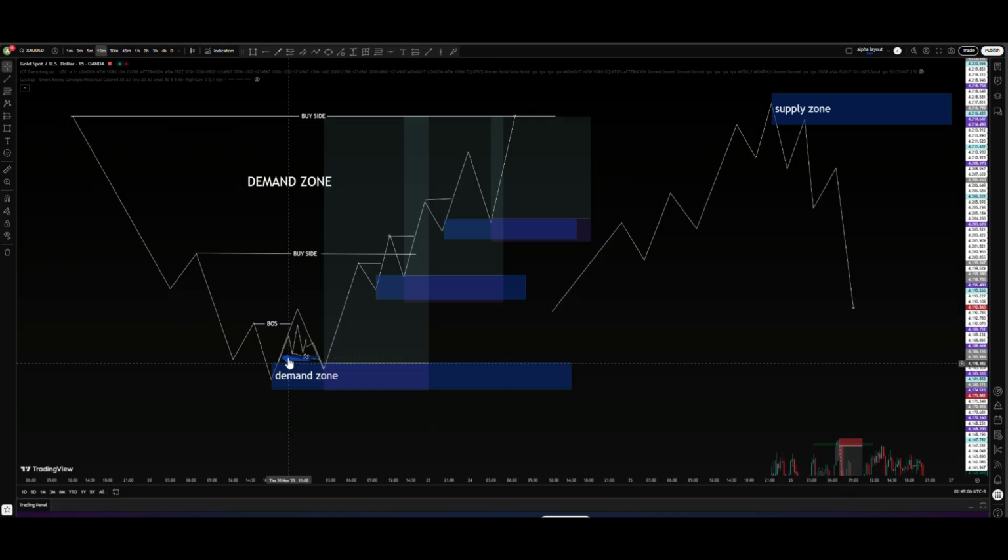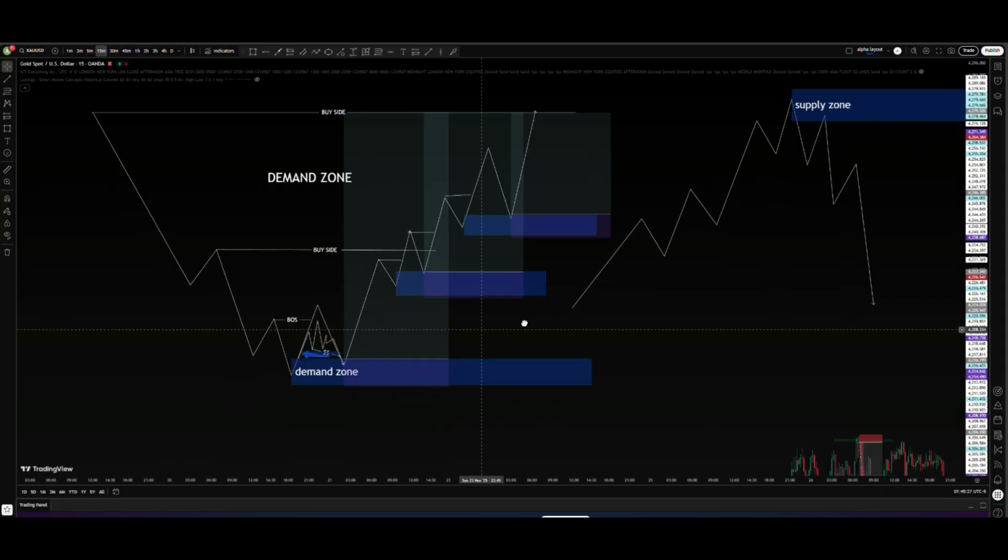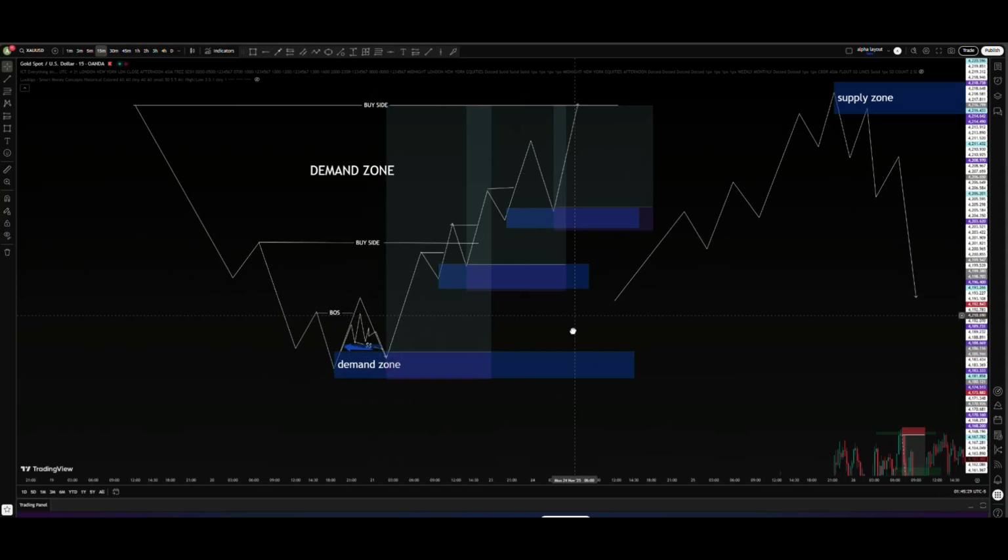This liquidity is those retail traders who take the trade early. They don't wait for confirmation, they don't wait for the price to come back to this position. So they become our liquidity, and now we take our position.